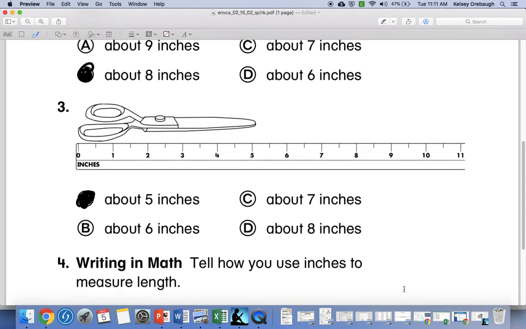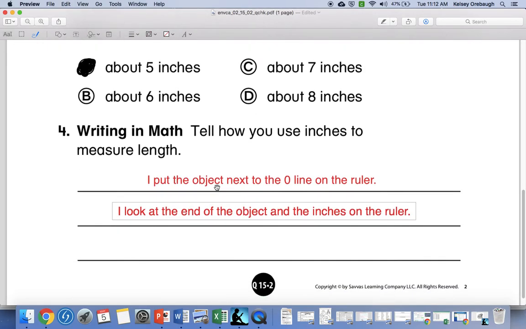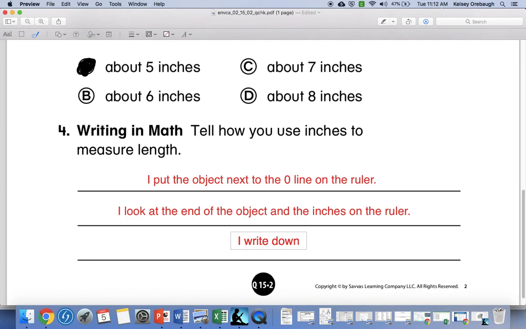And last step, after you have lined up your object with the 0 line and you've looked at the end of the object and the inches on the ruler, the third step is to write down the number of inches that's closer to the end of the object.